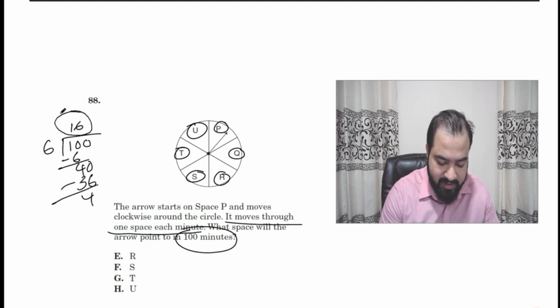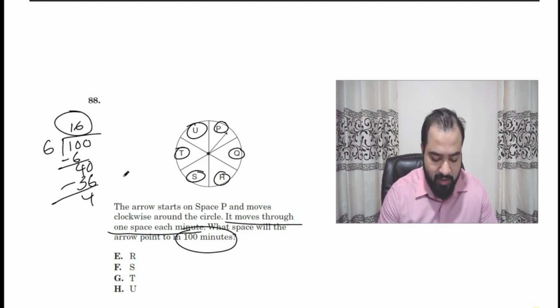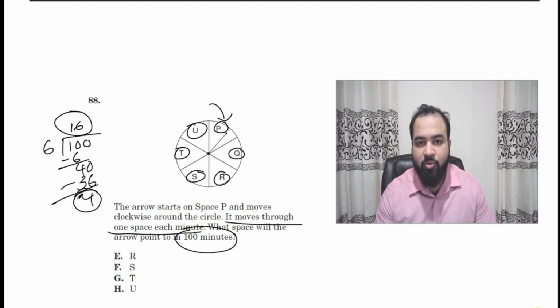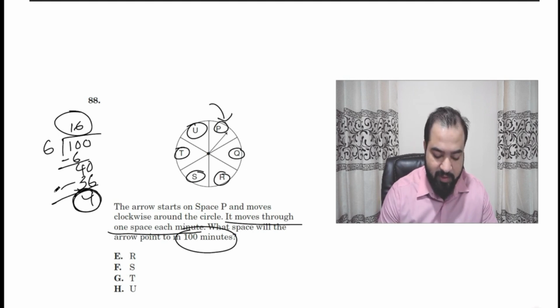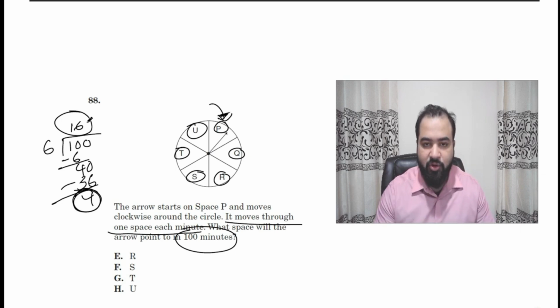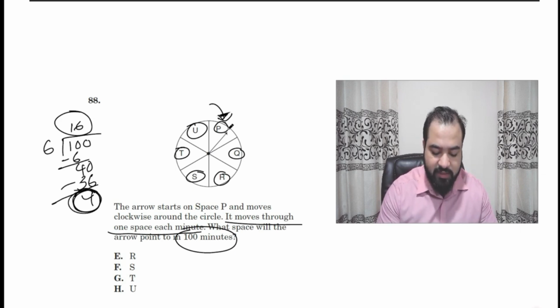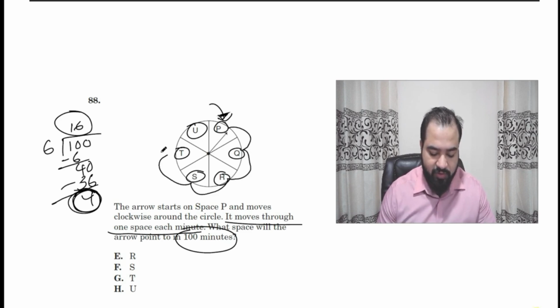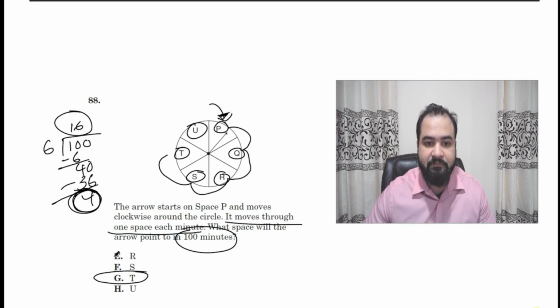So there will be 16 times it will go around, and after going around 16 times, it will come back to P, and then it will go 4 more spaces because of the remainder 4. So it comes back to P after 16 revolutions, and then 4 more spaces: Q is 1, R is 2, S is 3, and T, the 4th space. So the answer is T.